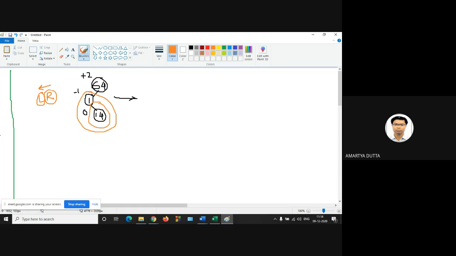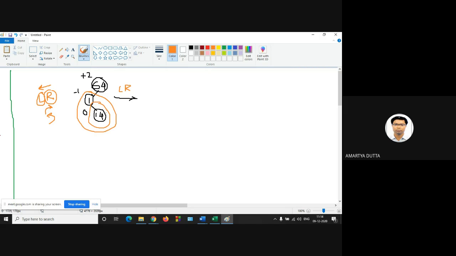Is it clear to you? It is a very complicated rotation. LR rotation means RR followed by LL. The first rotation is RR, then the second rotation is LL.